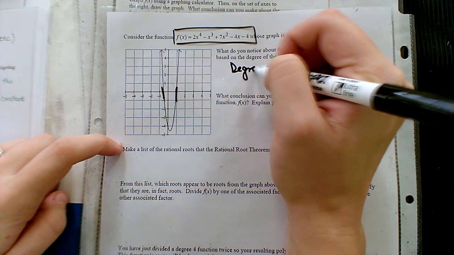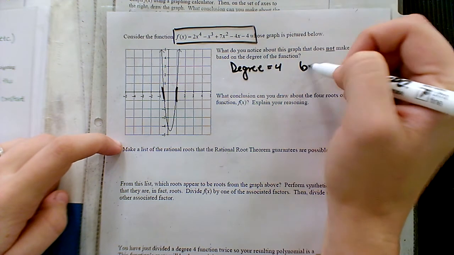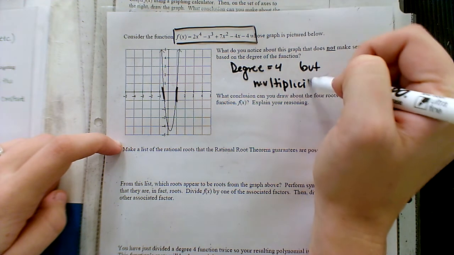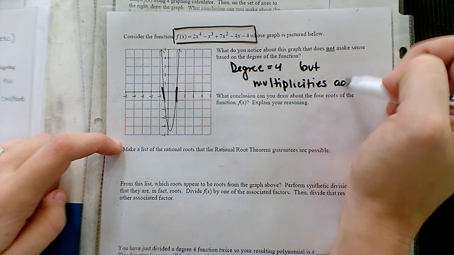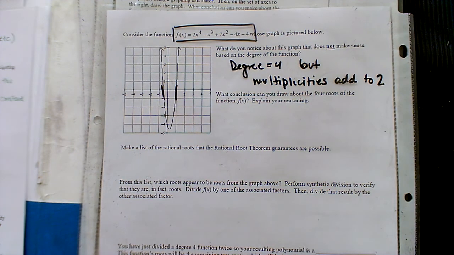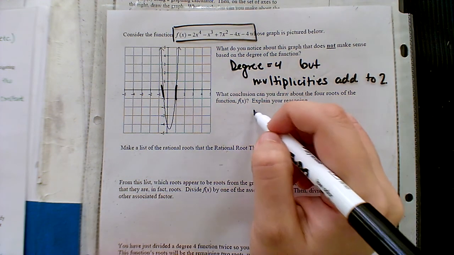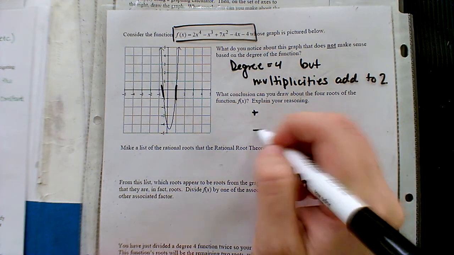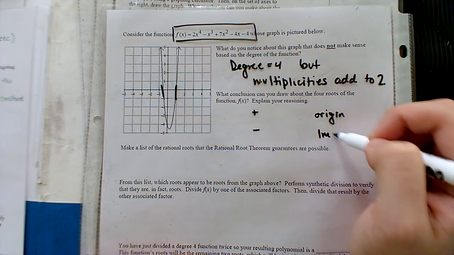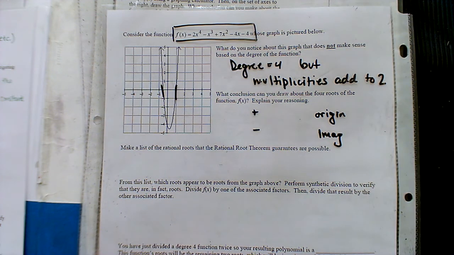So degree equals 4, but multiplicities add to what? 2. Okay? So with that observation, can we list how many positive x-intercepts we have, how many negative we should have, how many are at the origin, and then how many are imaginary?